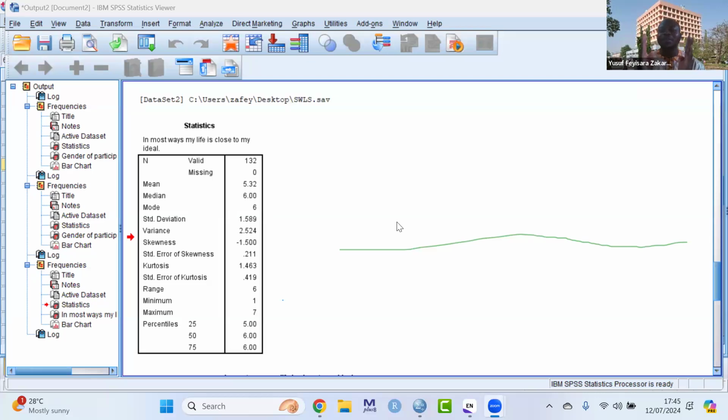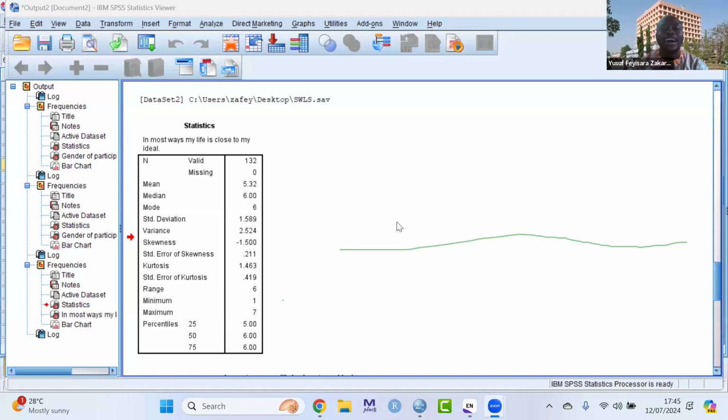Half of the distribution is the middle of the distribution. That means half of the distribution is the median.